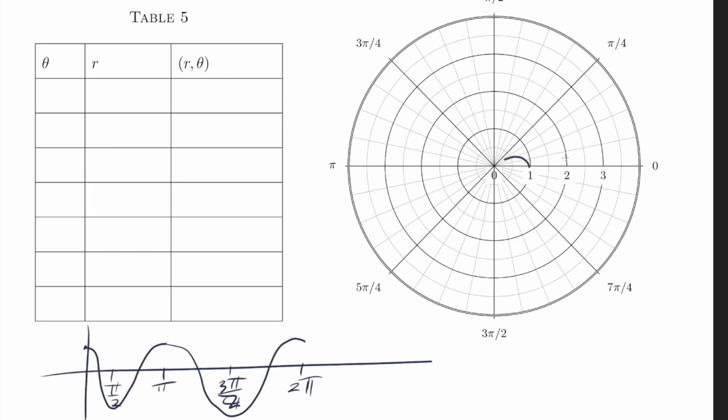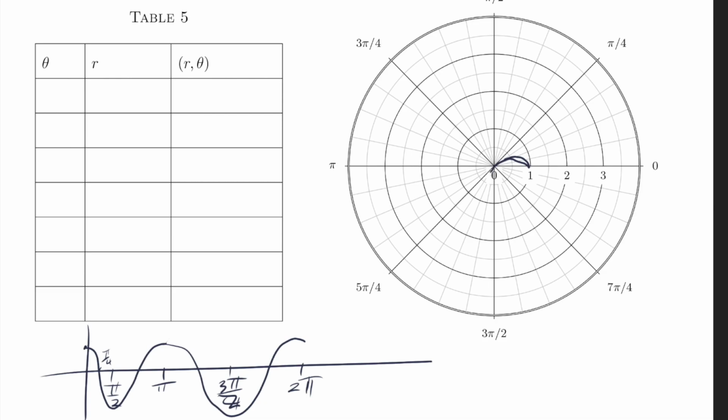Hold on, I'm doing this. Here, by the time I get to pi over 4, I come into 0. So here I come in, hit 0. Then here I'm going to have negative values.